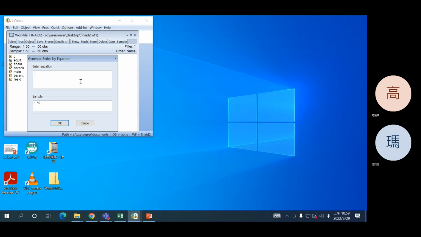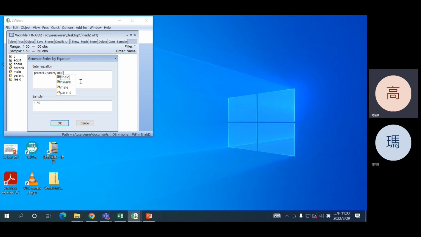I make a new variable called parent 1, which is equal to the original PARENT divided by 1,000, since I want to change from dollars to $1,000.